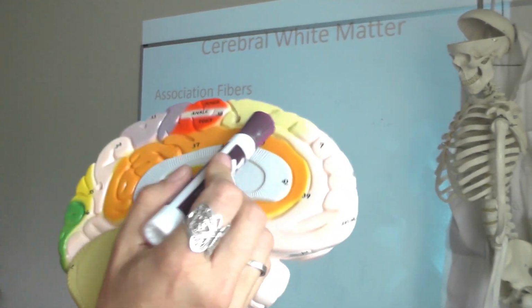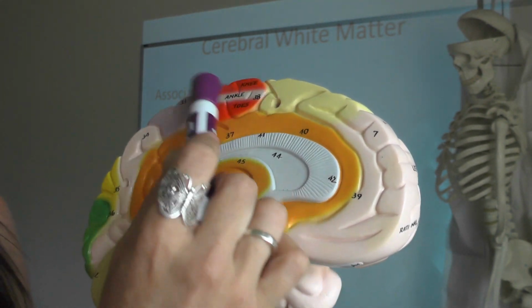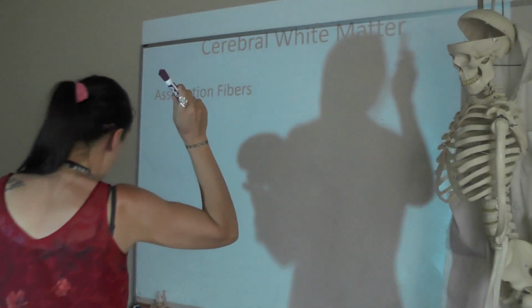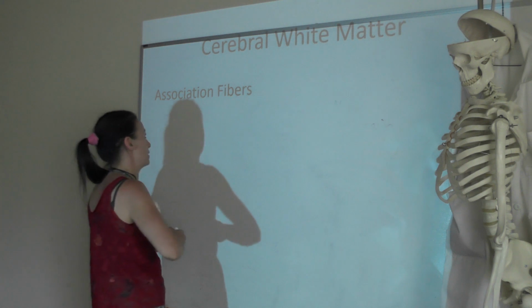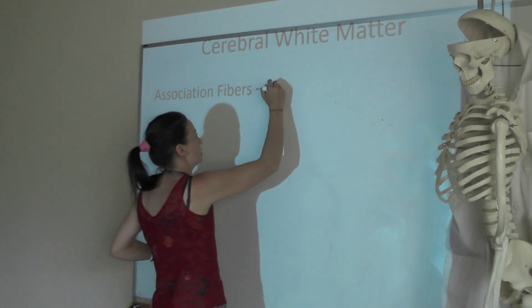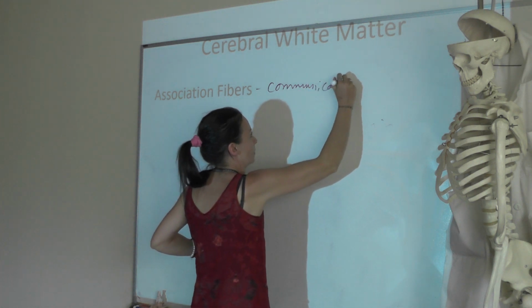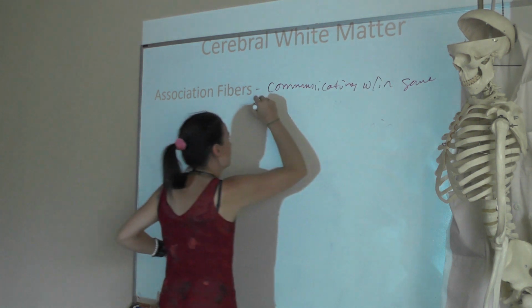So it would be like if I was communicating from one gyrus to the next. Communication from one part of the brain to the next in a specific hemisphere is happening through an association fiber. So these are communicating within the same hemisphere.